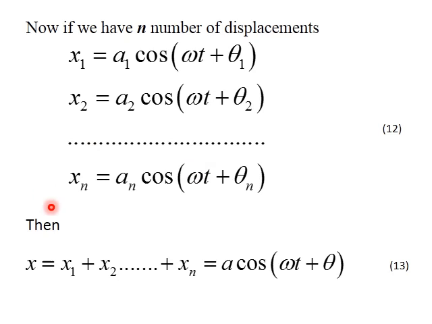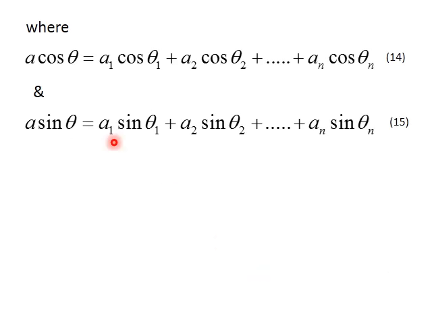Now superposition gives the resultant x equal to x1 plus x2 plus up to xn. This will again give a cos(omega t plus theta). Here a cos theta, earlier a1 cos theta 1 plus a2 cos theta 2, will now have additional terms: a1 cos theta 1 plus a2 cos theta 2 plus up to an cos theta n.